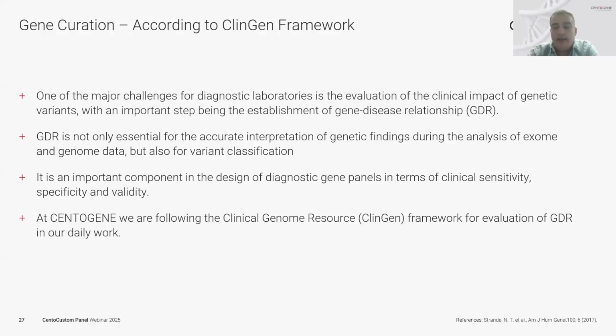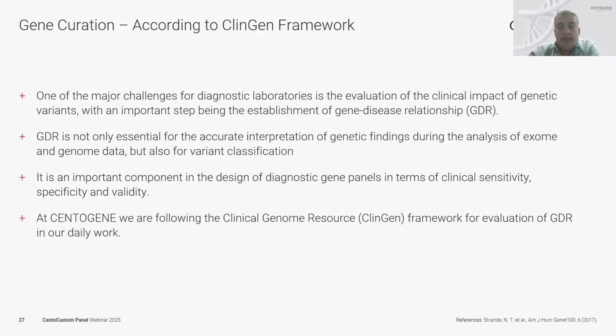The reason is that just because we have a variant in a specific gene, it is not necessarily disease causing, even if it's predicted, or we actually know, that it impacts the gene product. So for diagnostics, it's really important to have the correct evaluation of the gene-disease association, so we can interpret correctly the significance, the clinical impact of that variant for a specific patient.